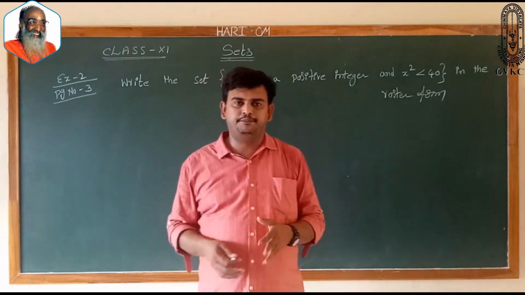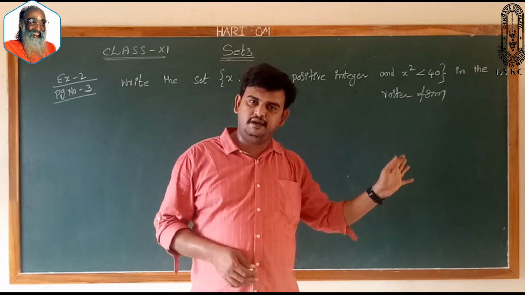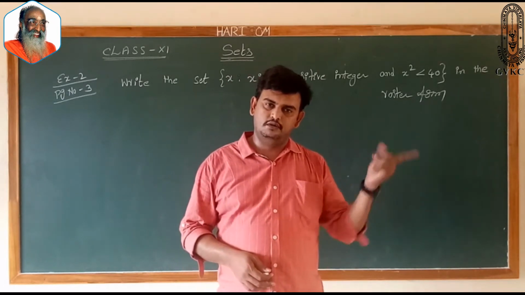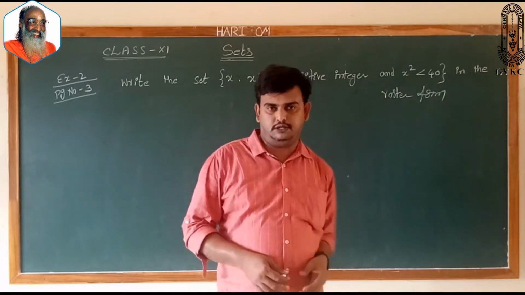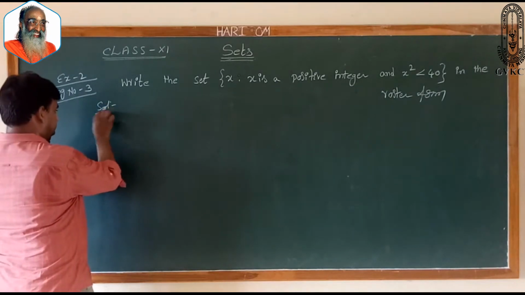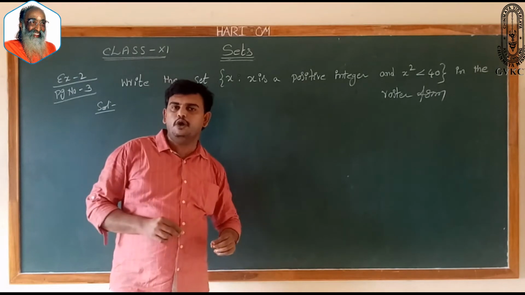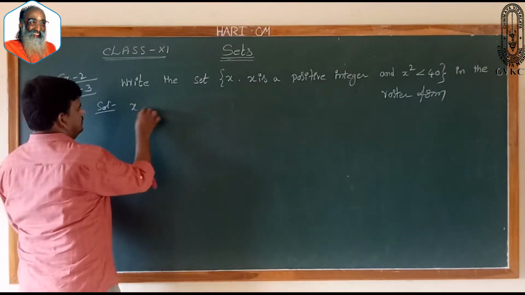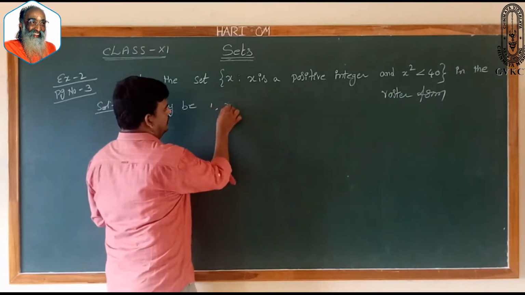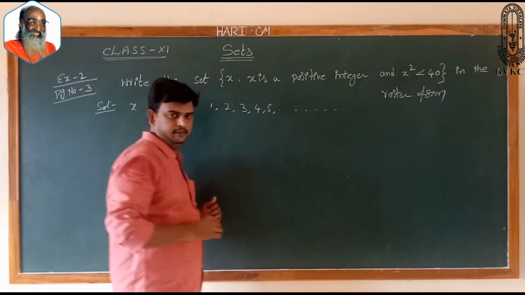Suppose x is 1: 1 square is equal to 1 and it is less than 14. X is equal to 2: 2 square is 4, less than 14. Like that we have to check. The solution I am taking here, x is such that x is a positive integer, so x may be 1, 2, 3, 4, 5 and so on.